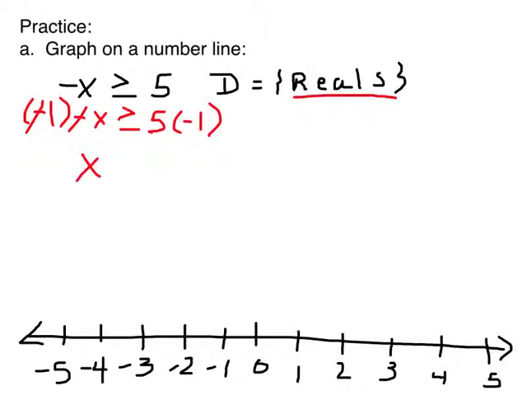I'm going to flip this, so x is less than or equal to -5. Because it's equal to, I'm going to put a dot right there, and then my line with my arrow going to the left. Should have made my number line a little bit longer on the negative side, shouldn't I? But anyway, that's what it would be.